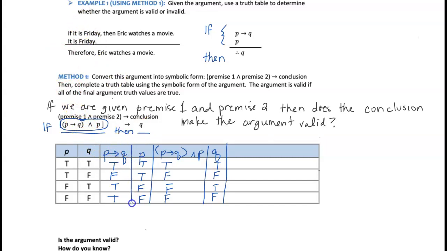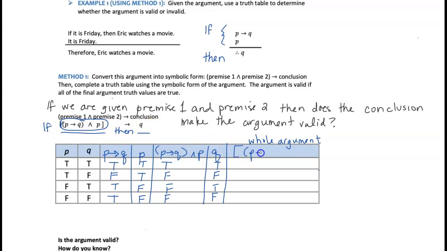The next and final column that we need is our whole argument. And our whole argument is the large conditional with our two premise statements as the antecedent connected with and, our conjunction, then the conclusion, in this case statement Q.